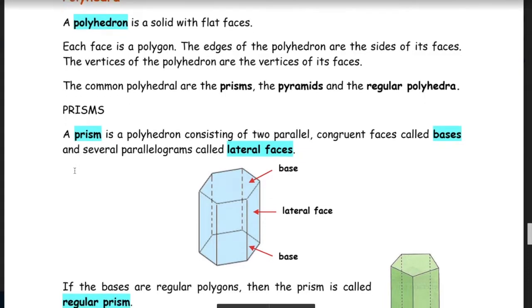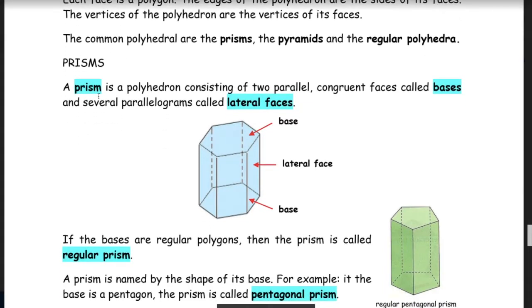Prisms. A prism is a polyhedron consisting of two parallel, congruent, or equal faces called bases, and several parallelograms called lateral faces.